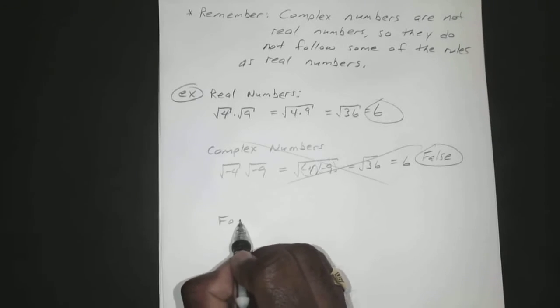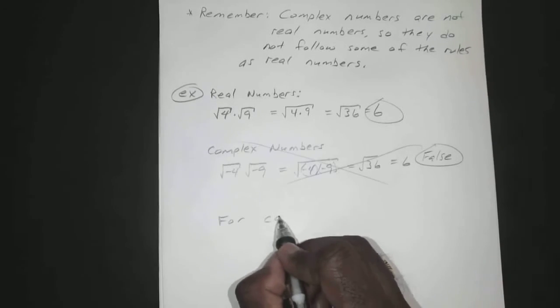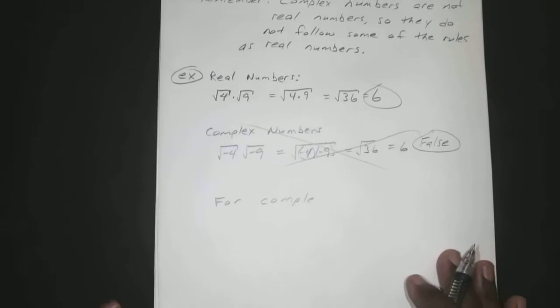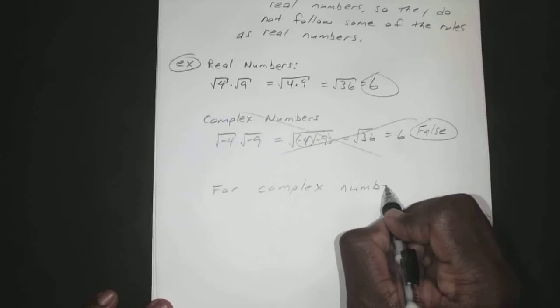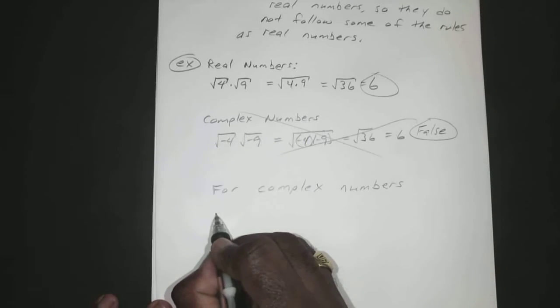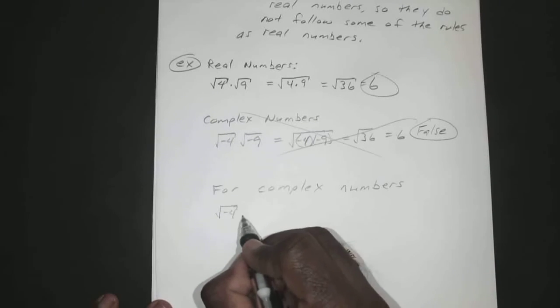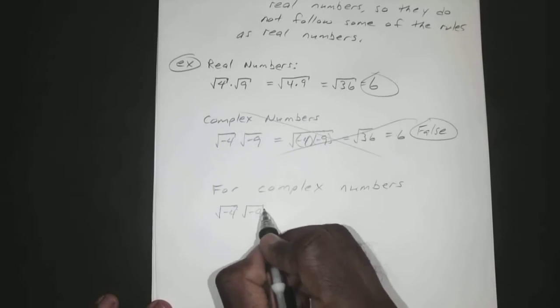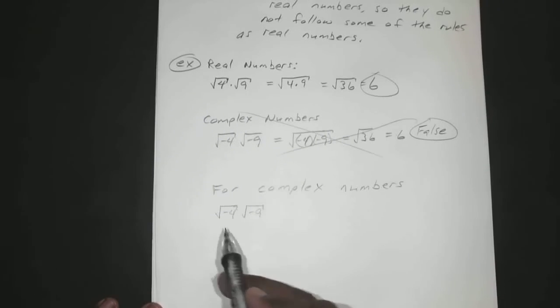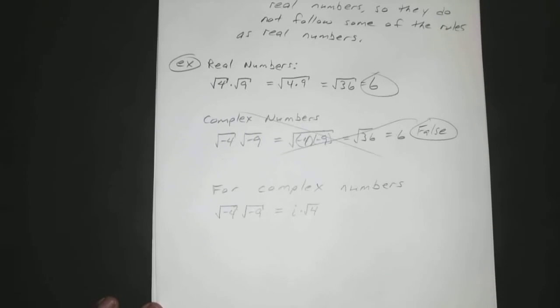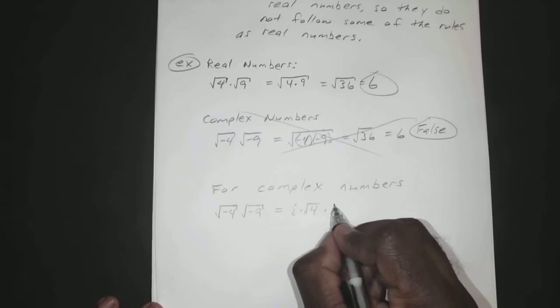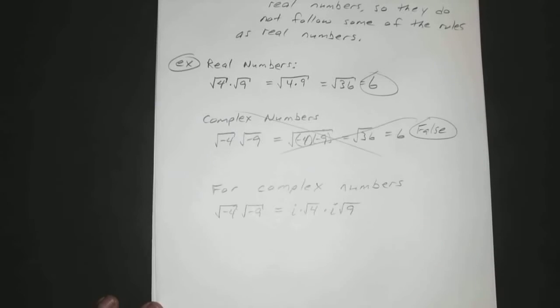Now for complex numbers, if you did want to solve that one, I'll bring that up a little bit. If you did have square root of negative 4 times square root of negative 9, you'd make it I times square root of 4 times I times square root of 9.